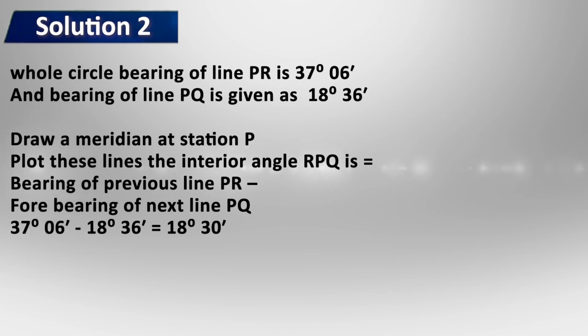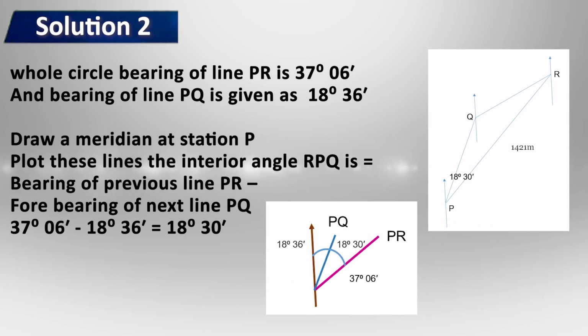The whole circle bearing of line PR is calculated as 37 degrees 6 minutes, and the bearing of line PQ is already given in the question as 18 degrees 36 minutes. We draw a meridian at station P and plot these lines. We can see that the interior angle RPQ will be equal to the bearing of the previous line minus the bearing of the next line.